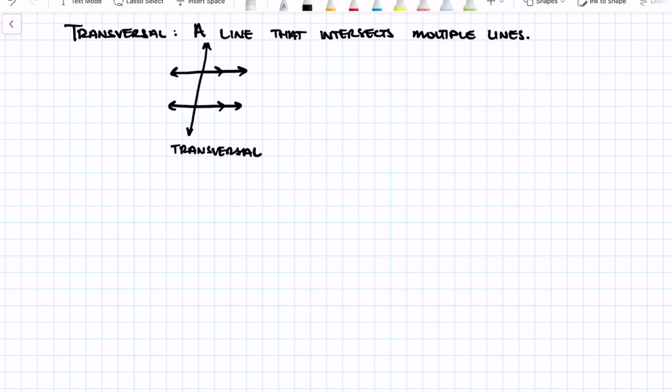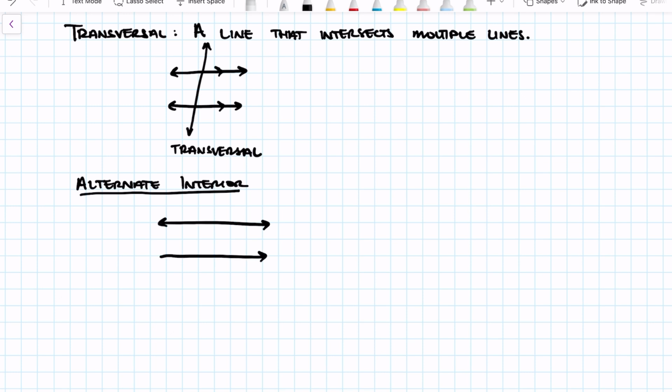So let's just start with maybe something as simple as alternate interior. So an alternate interior angle would be if, let's say, we draw another one of these images and you said that there's a transversal that goes through them.